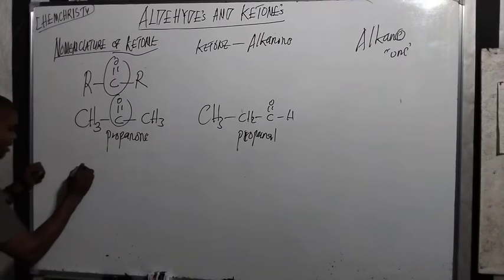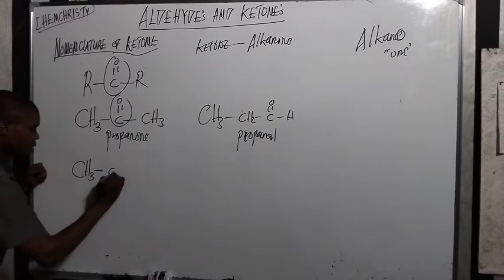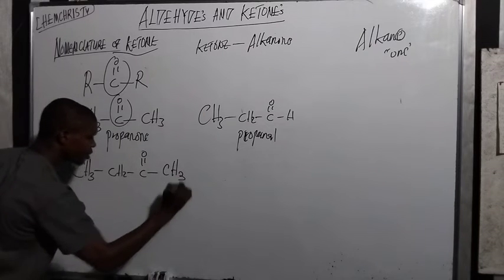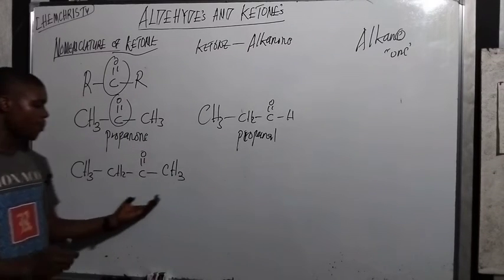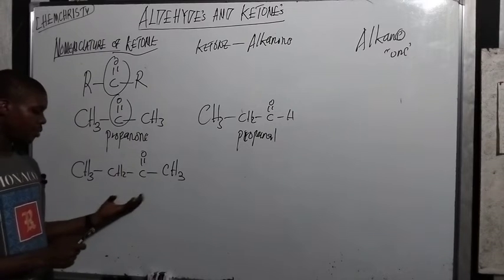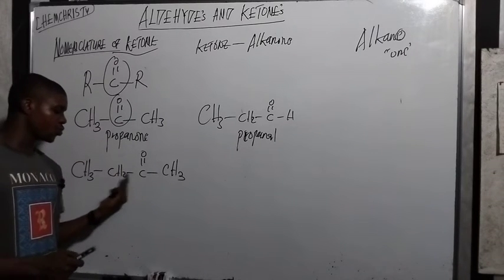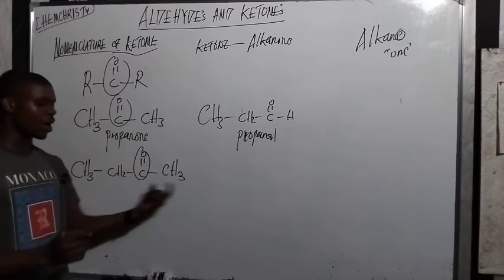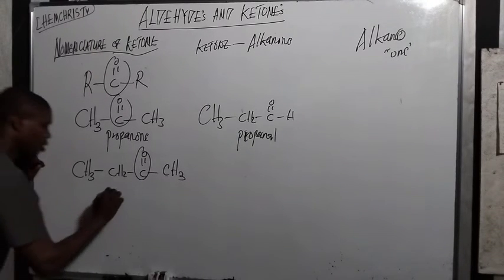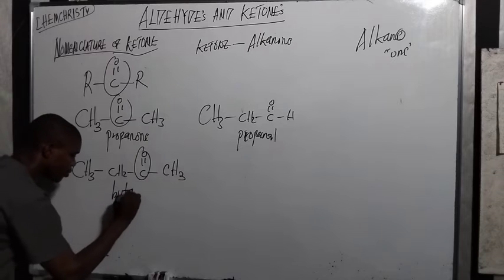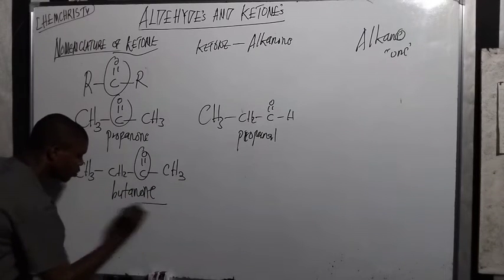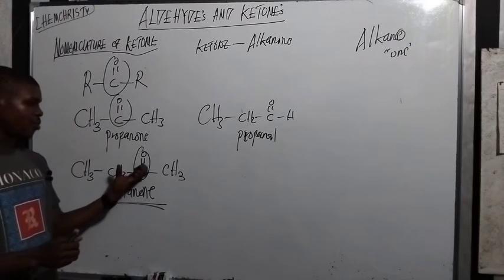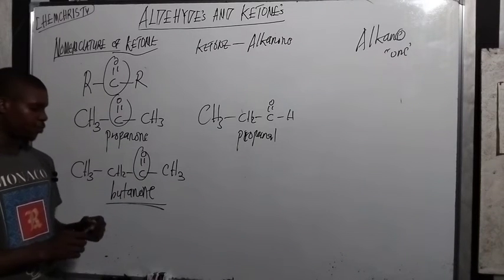If I have something like CH3, CH2, CH3, what would be the name of this compound? 1, 2, 3, 4. The functional group is between two alkyl groups. So here we have butanone.